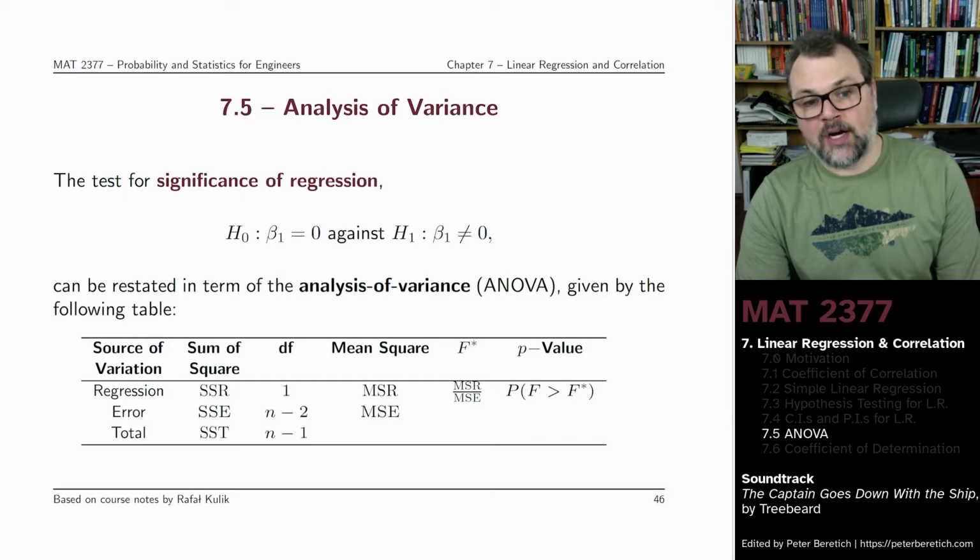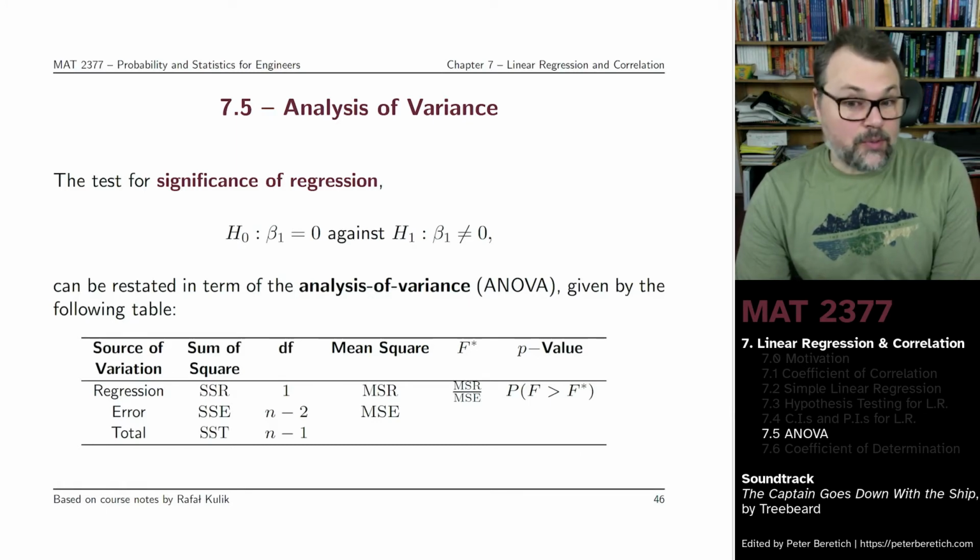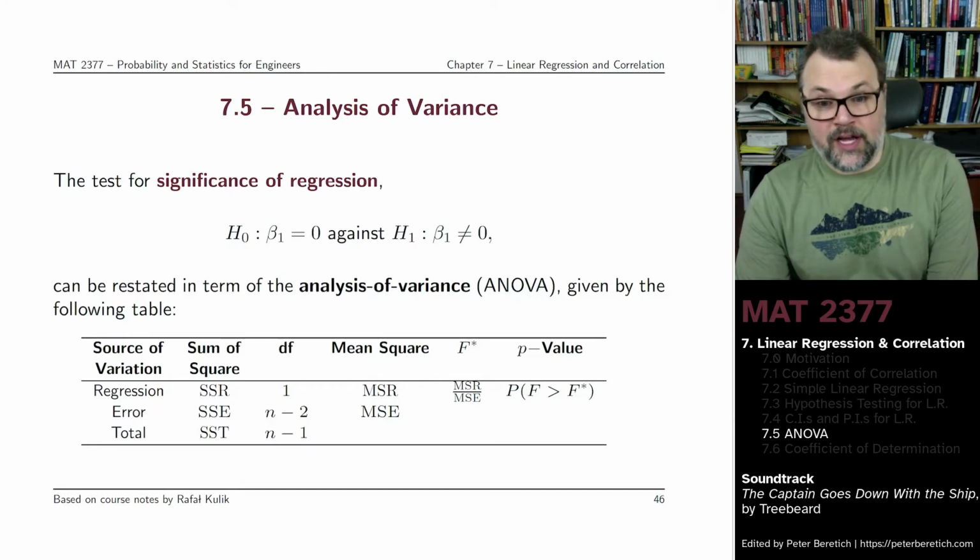So MSR would be SSR divided by 1, MSE would be SSE divided by n-2. We've mentioned briefly that the mean square error follows a chi-squared distribution with n-2 degrees of freedom, while the mean square regression component follows a chi-squared distribution with 1 degree of freedom.